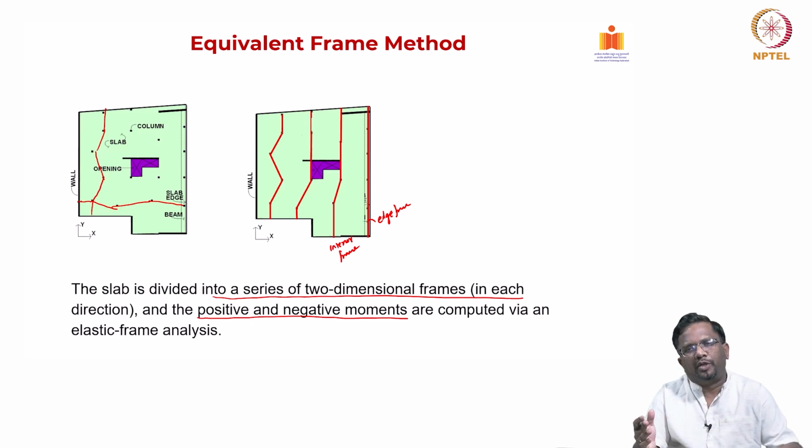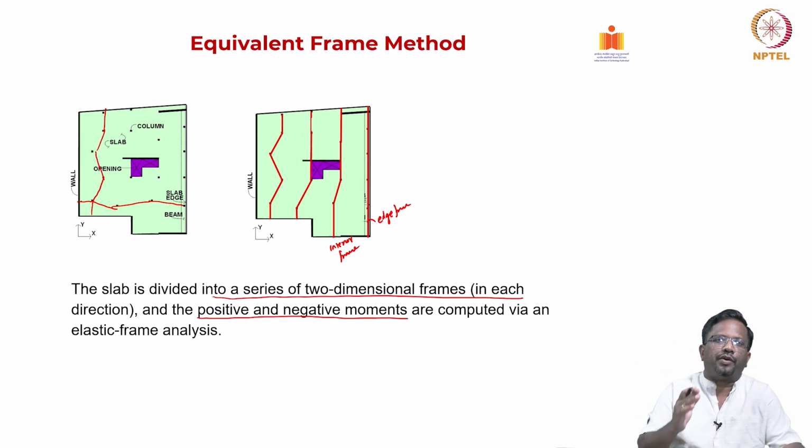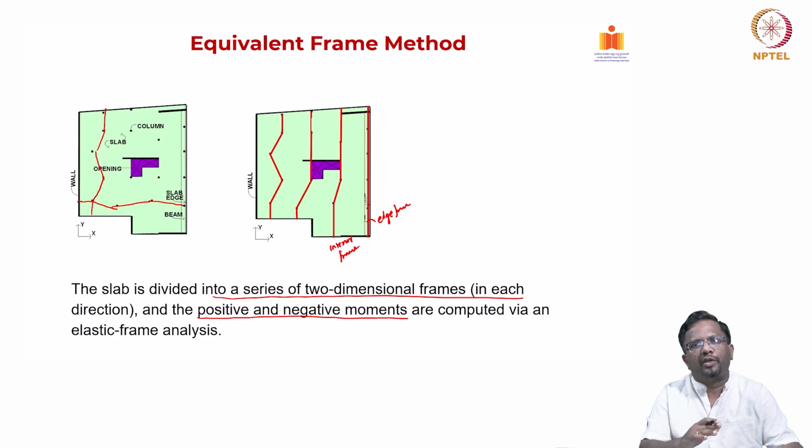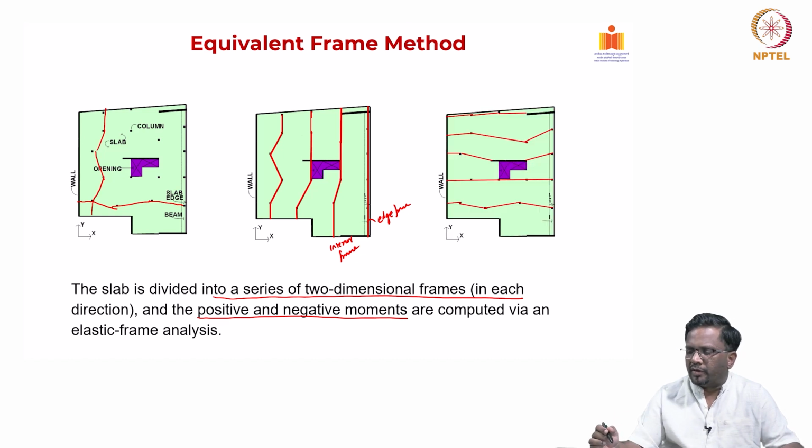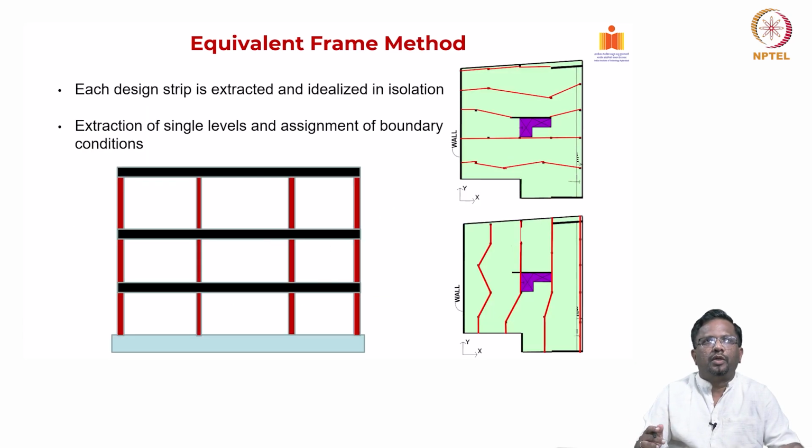But if your geometry and loadings are different, then you have to create this equivalent frame along different column lines with a different geometry and loading, and you do a separate moment distribution analysis, right. Similarly, if you look at it in the east west direction, like this we create frames, right. And we do the analysis in the two orthogonal directions, right.